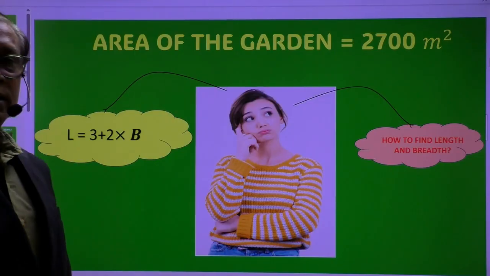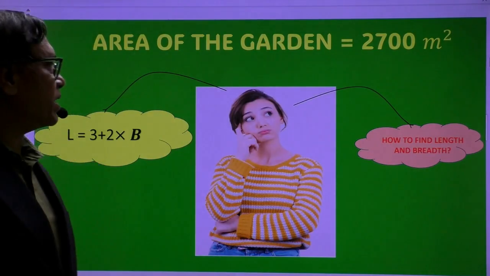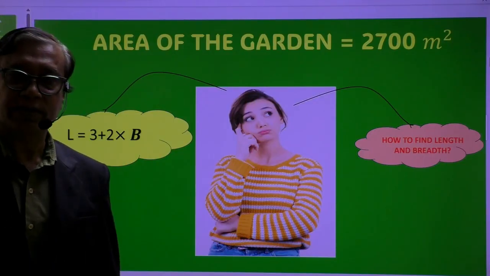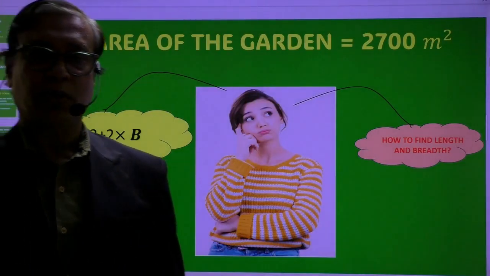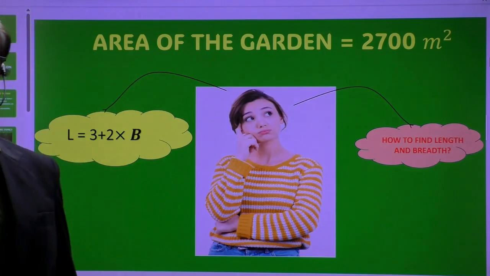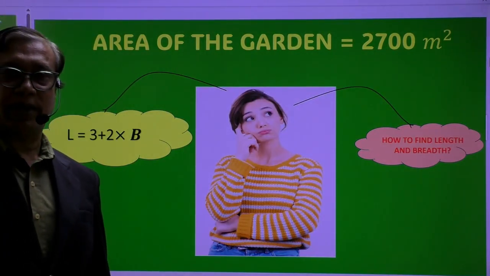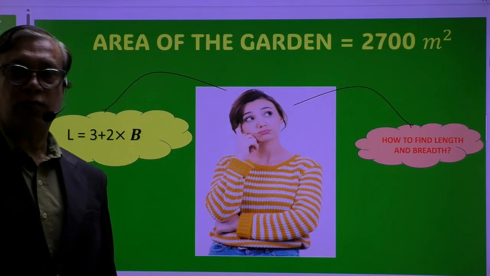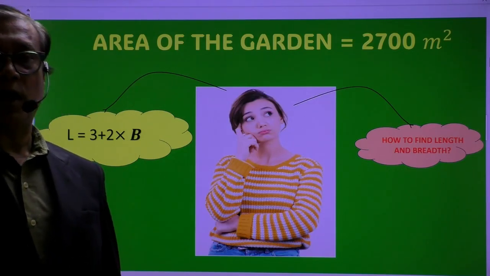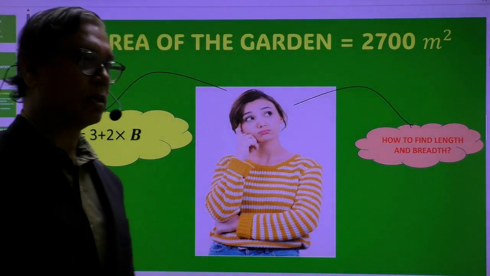How to find the length and breadth of this garden? Don't worry, I am here. I will show you how you can find the length and breadth, and to find it, how we will form the quadratic equation.